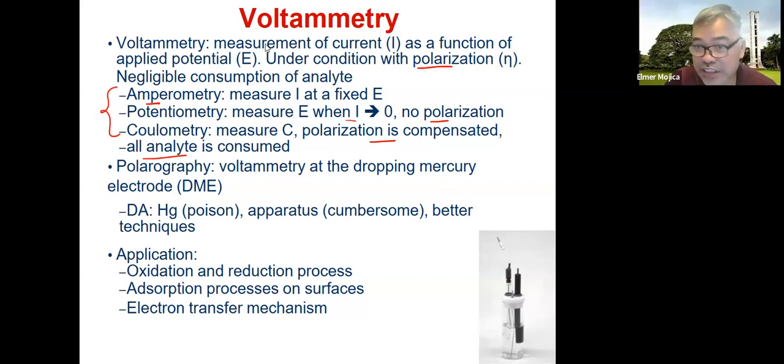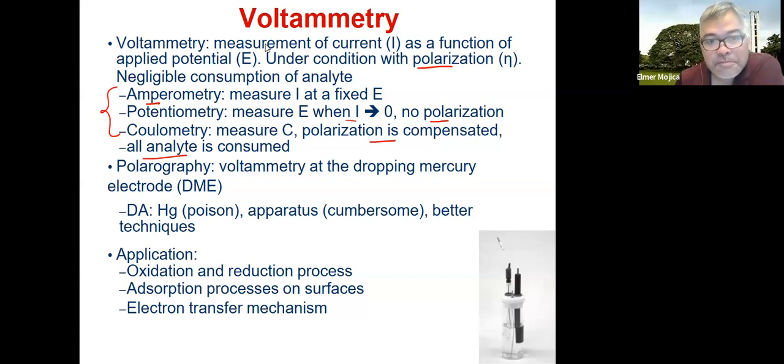Now in potentiometry, as I've told you, the measurements are made as current approaches 0, and in that case, polarization is absent. Now, voltammetry is different from coulometry. In coulometry, measures are taken to minimize or compensate the effect of polarization. So there is also a concentration polarization in coulometry.